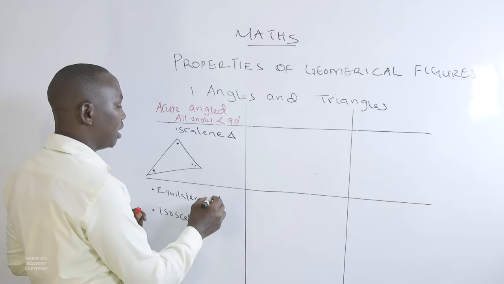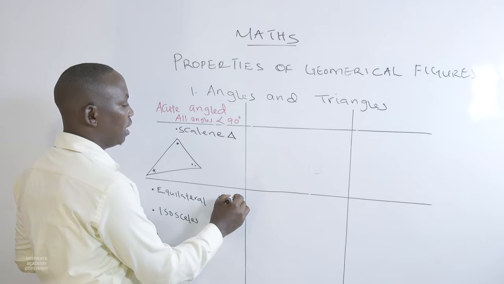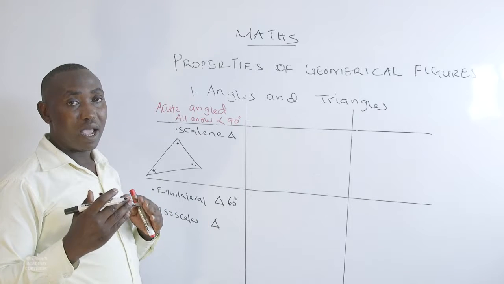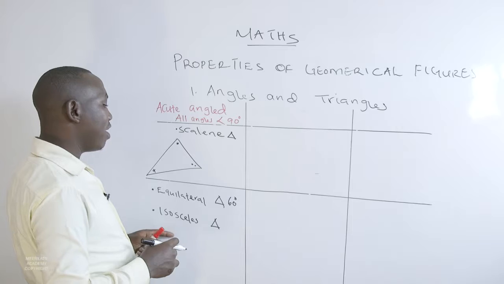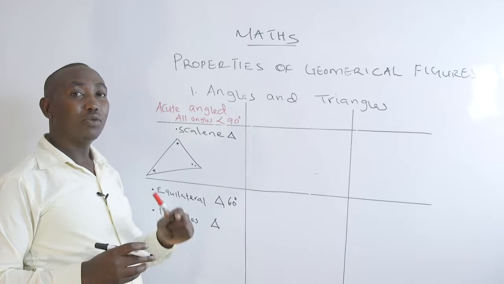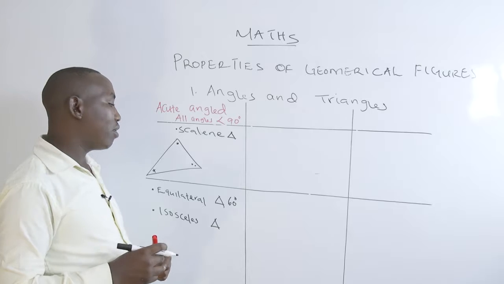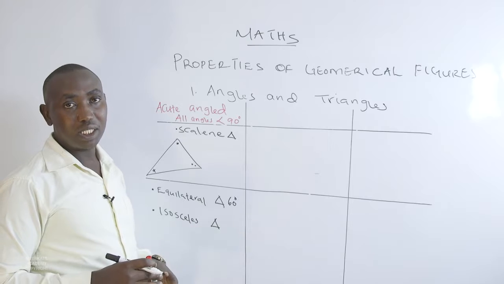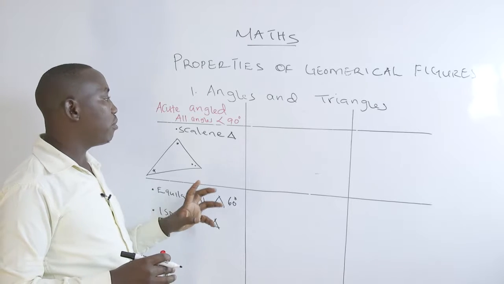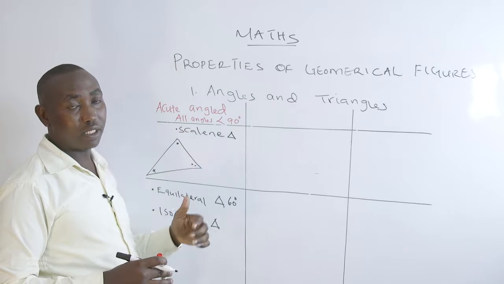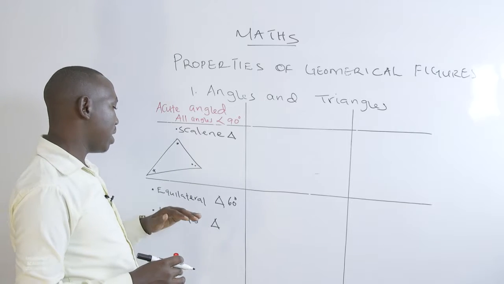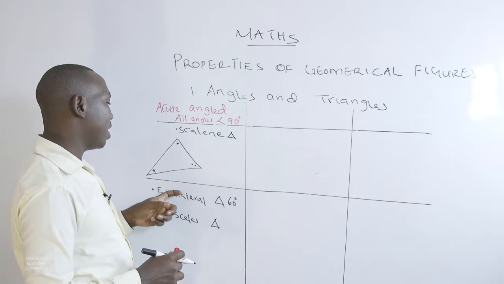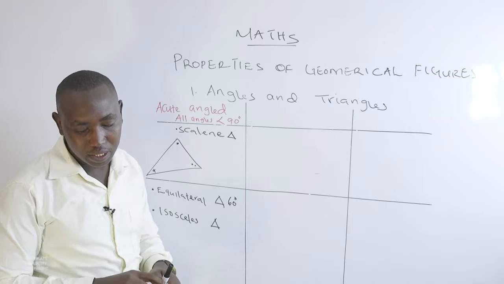For example, it can be 60 degrees by 60 degrees by 60 degrees. All those angles are less than 90 degrees. Then we have an isosceles triangle, which has two equal sides. That means the base angles are going to be equal. But again, all the base angles are less than 90 degrees. Then that qualifies it to be an isosceles triangle. So for acute angled triangles, we have a scalene, an equilateral, and an isosceles.